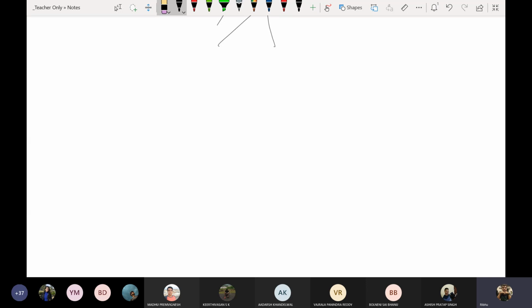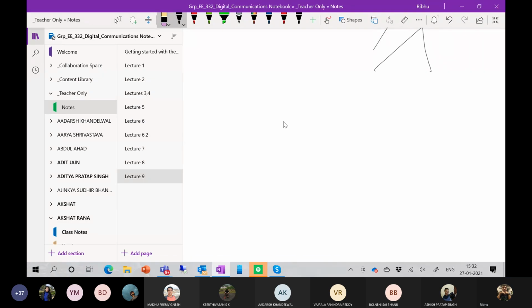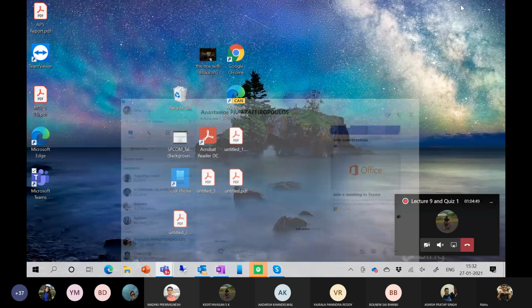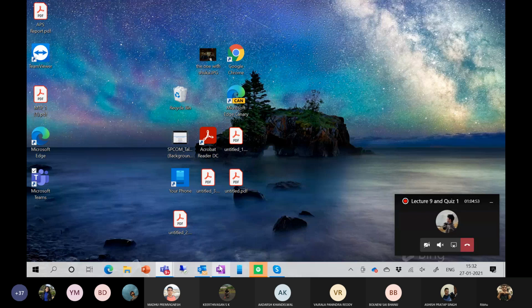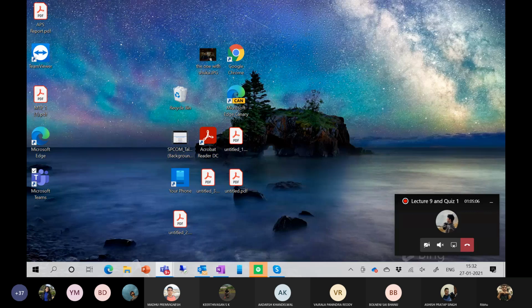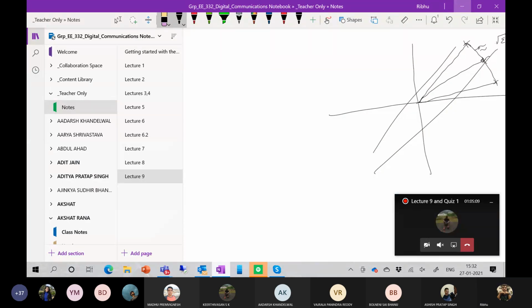Now the eraser is not disappearing. Maybe Microsoft Whiteboard has improved. Do you have any idea? Because when we started, Whiteboard was buggy.